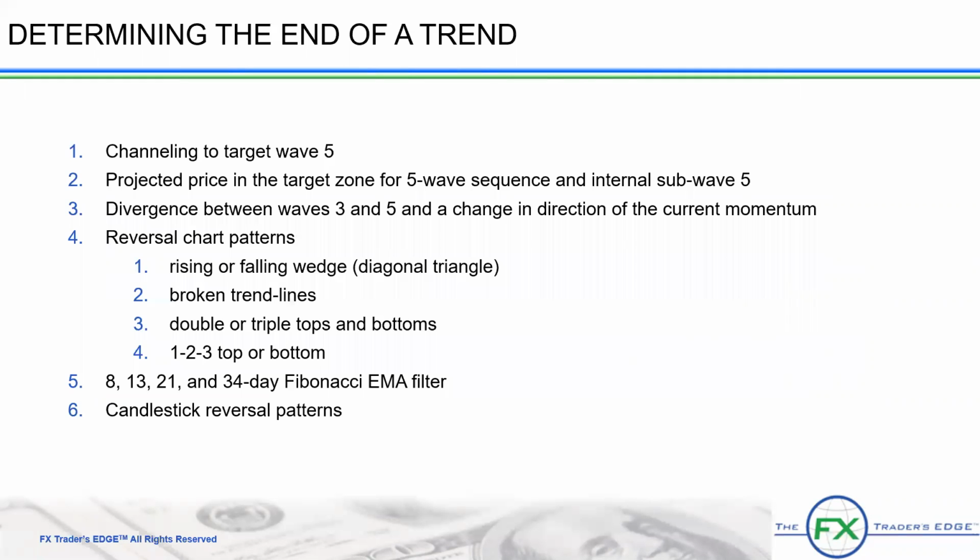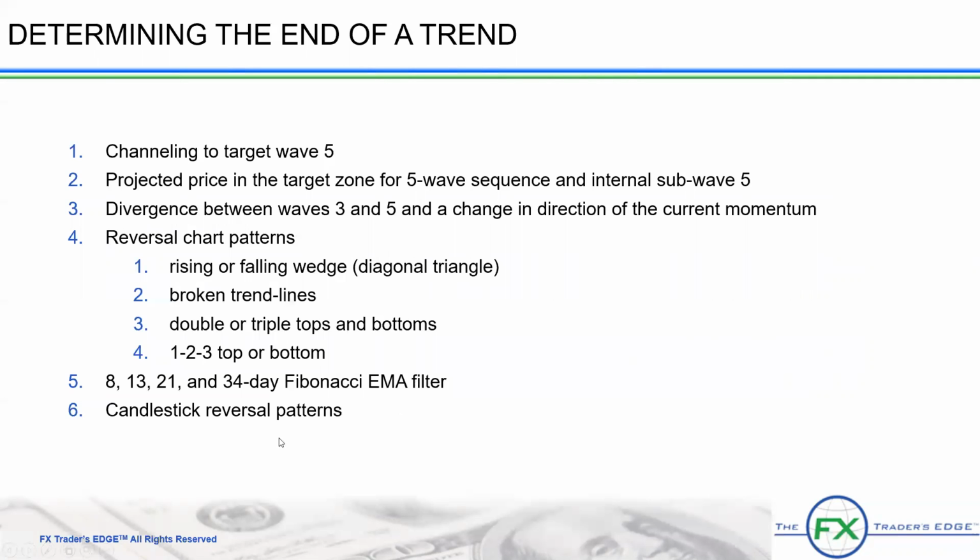For example, the rising or the falling wedge is a diagonal triangle in Elliott wave terminology. Double or triple tops and bottoms can be waves 1 and 2, a very deep correction for wave 2. A 1, 2, 3 top or bottom is really a 3-wave move, an ABC or a 1, 2, 3.